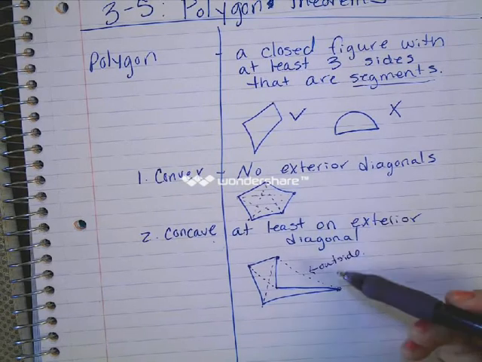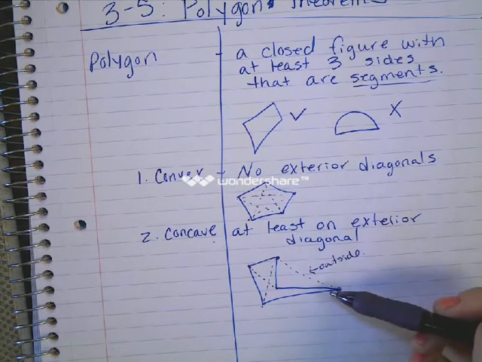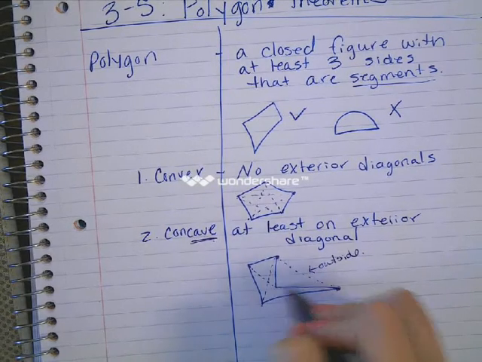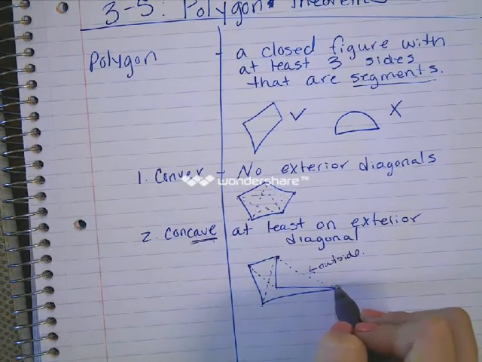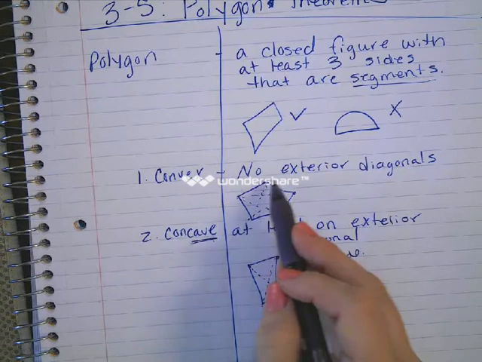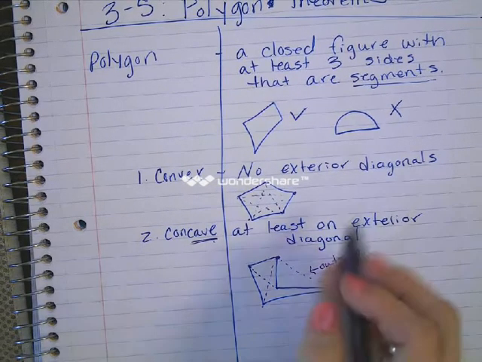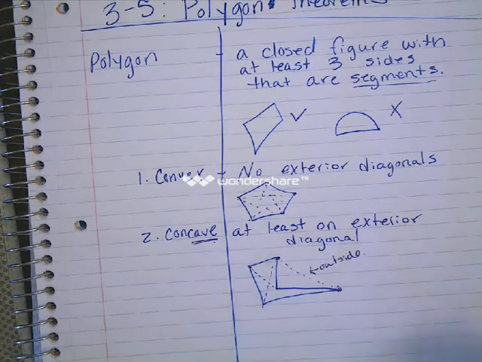The way I always think about it is concave means it caves in to the figure. Convex means none of the angles are caving into the interior. If any of the angles cave into the interior of the shape, then it's concave.